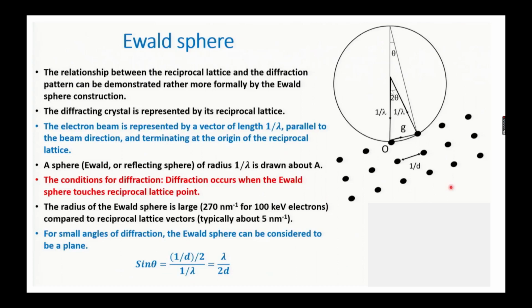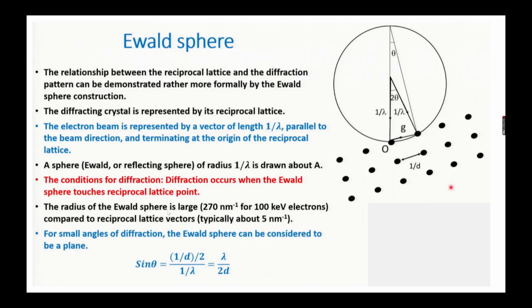Here 1 by lambda is your radius. So if you increase the radius, suppose here the angle is theta. This is your scattering angle and this is your radius. In this lecture you will get how this Ewald sphere is constructed.